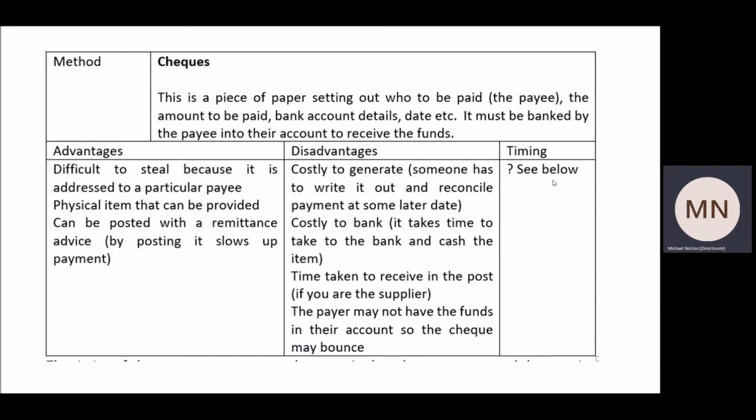In terms of timings, I said see below because this is out of the book. It's going to be quite difficult because it used to be, say, 7 days in the post for second-class post, and then 1 day, and then 3 days for the bank to clear. It would be only 1 day if you happened to pay the check into the same branch of the same bank that the payer had written the check out.